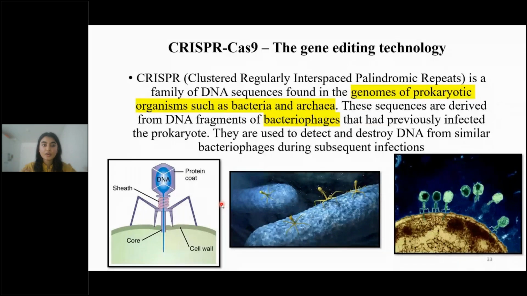This is basically a memory of the previous infection. If a virus of the same type attacks the bacteria again, the bacteria is ready to fight, because it has a copy of the gene of this virus which had infected it earlier. So this is how CRISPR works.